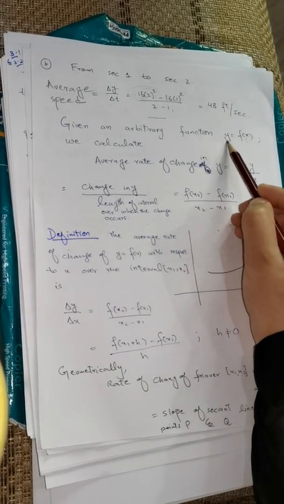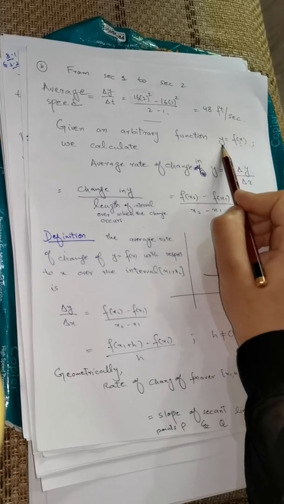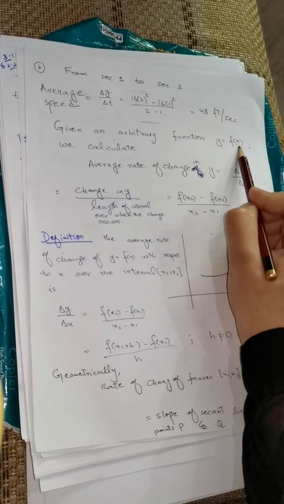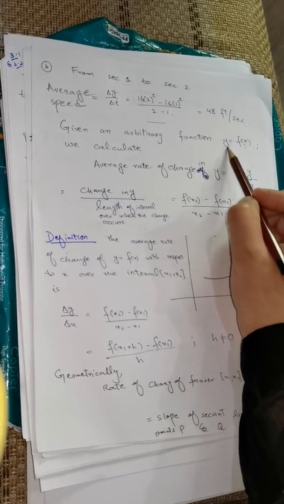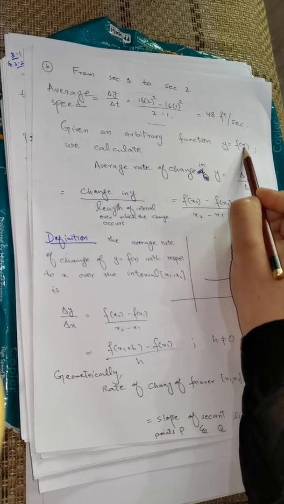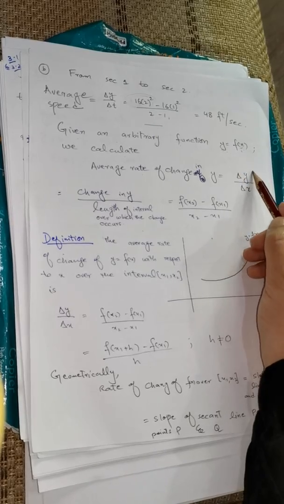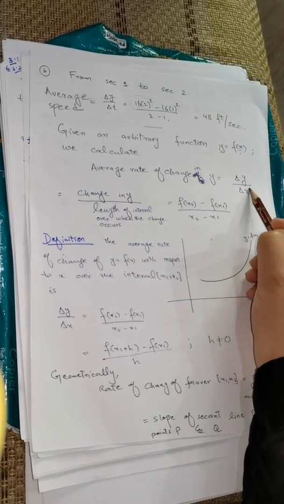So here y is a function of x. Y is the dependent and x is the independent variable. Y is depending on x. So whenever you have to calculate the rate of change in the dependent variable with respect to the independent variable, you have to calculate the rate of change in y with respect to the rate of change in x.